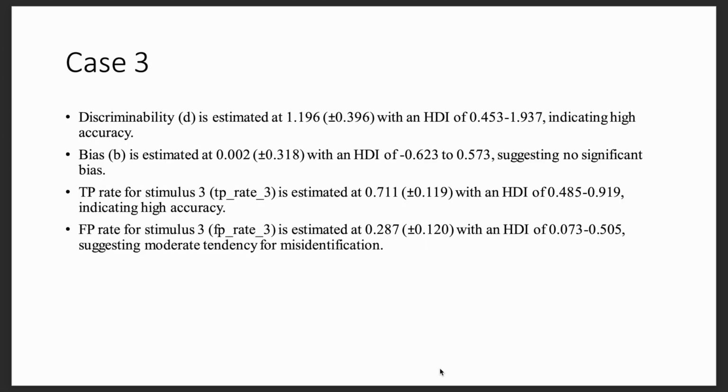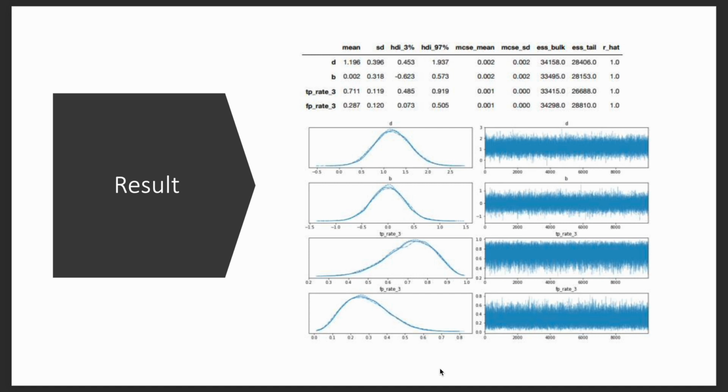True positive rate for class 1 measures the proportion of actual positive cases the model correctly identifies. The mean value of 0.688 indicates the model correctly identifies around 69% of the positive cases, with a standard deviation of 0.045. False positive rate for class 1 measures the proportion of actual negative cases incorrectly identified as positive by the model.